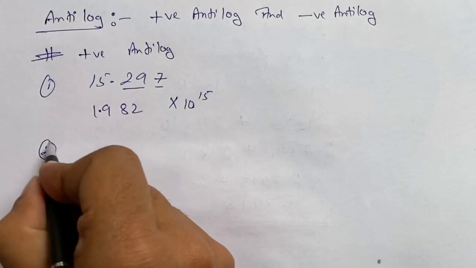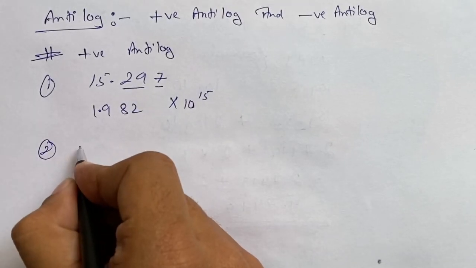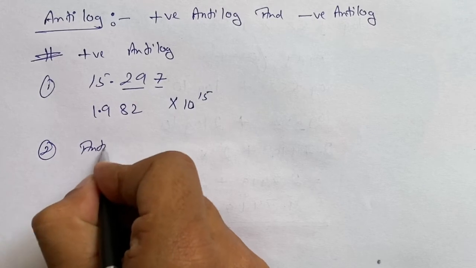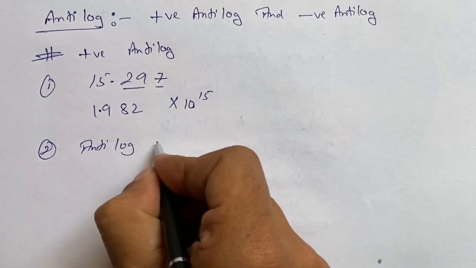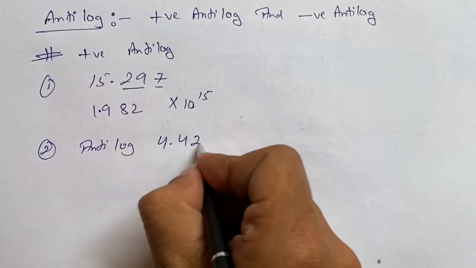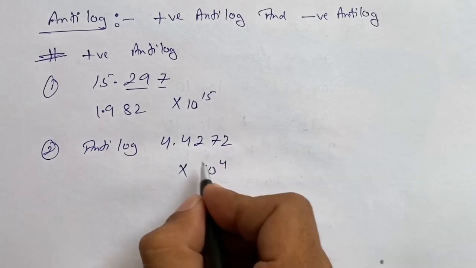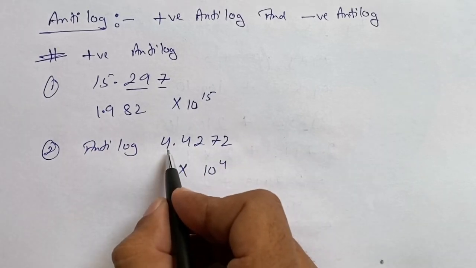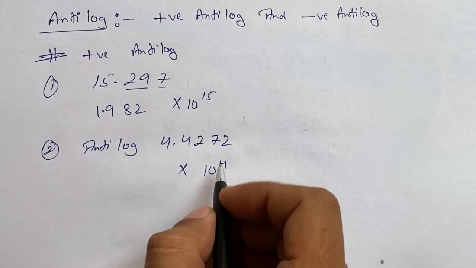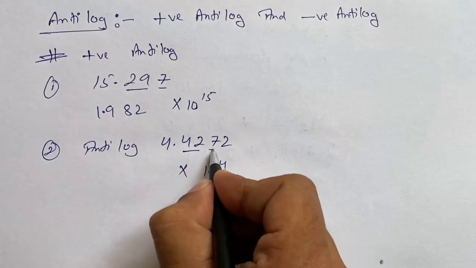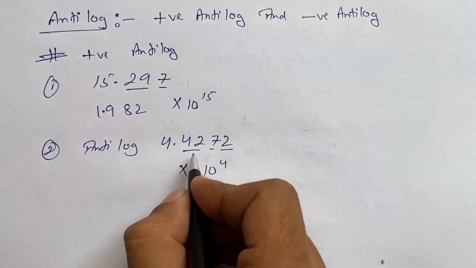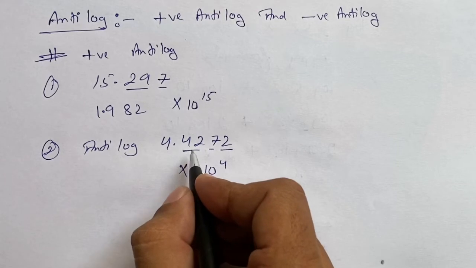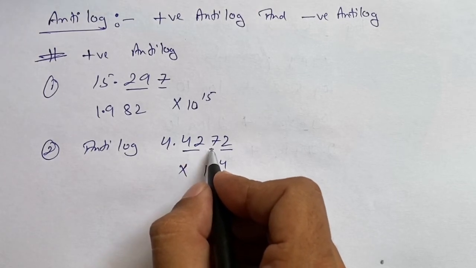Moving to second example, I am taking antilog 4.4272. Place this number 4 in 10 raised power. Now pair it. Now look for the chart, 42 under 7.